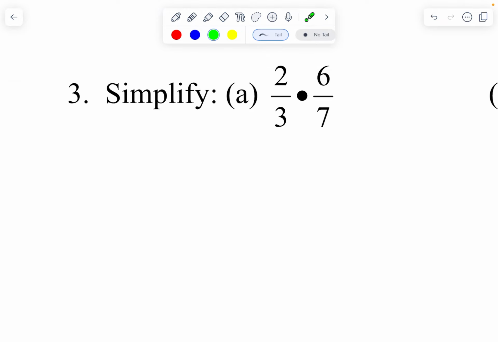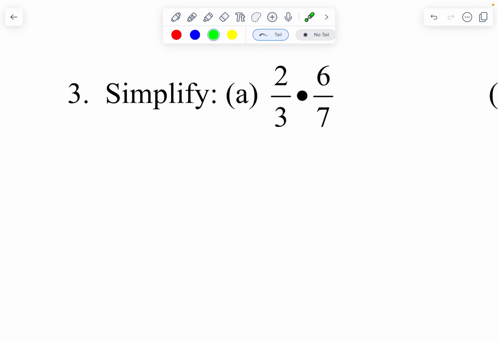One, we can multiply straight across first and then reduce, or we can look to see if we can cancel anything. I kind of drew the X, but you cancel things in the numerator with things in the denominator, and oftentimes it is on that kind of diagonal piece.